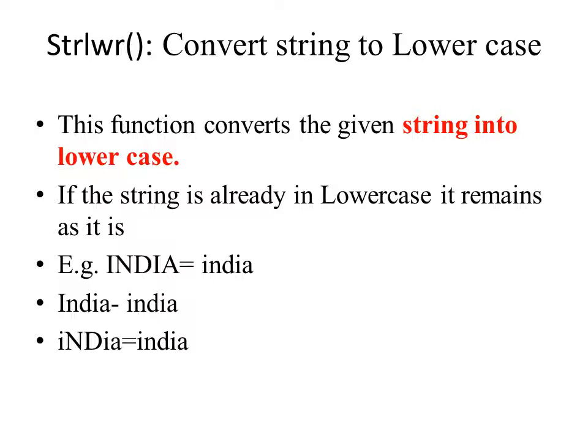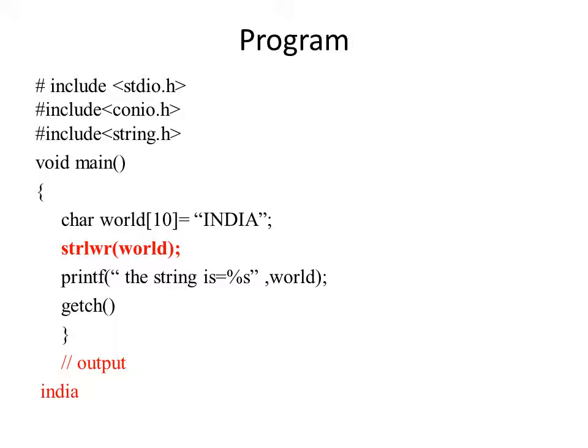These are some of the possible combinations I have explained here. For the second one, only I is capital, but the rest of the letters are lowercase and will remain lowercase, while the uppercase I is converted into lowercase. Here is the program which explains the use of the strlwr function.